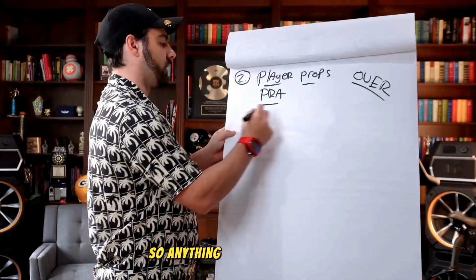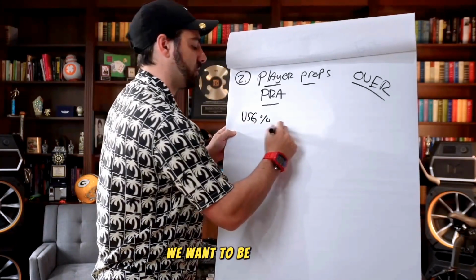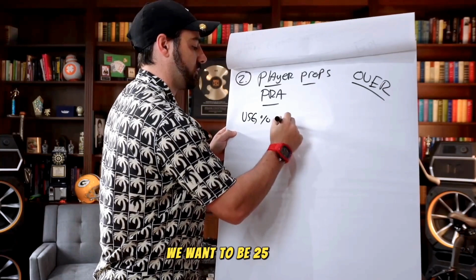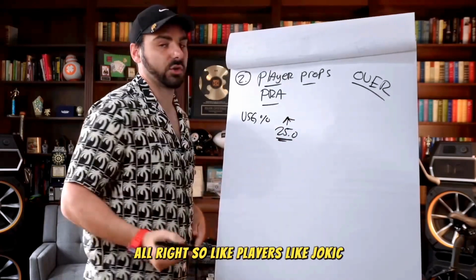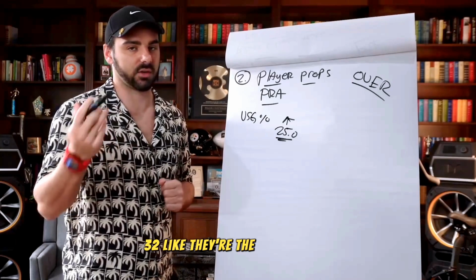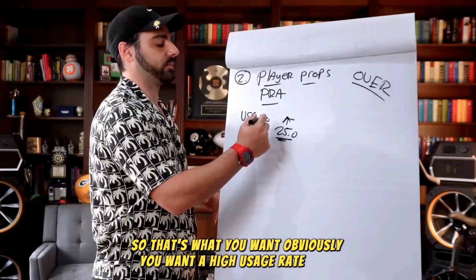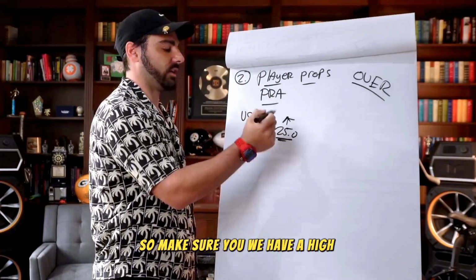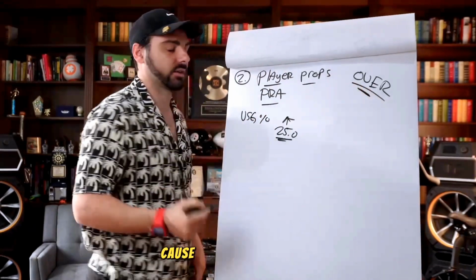So for usage rate, we want it to be 25 and up, all right? Players like Jokic, Giannis, their usage rate is like 30, 32. They're some of the highest in the league. So that's what you want, obviously. You want a high usage rate, so make sure we have a high usage rate for the player that we're looking for an over on, because it only makes sense, right?